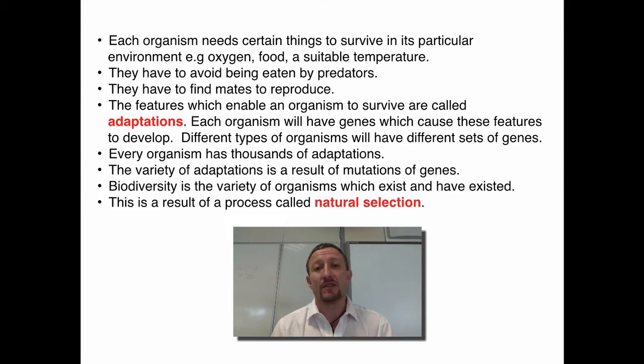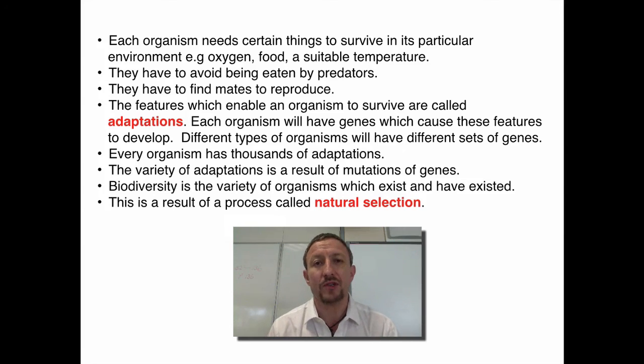Okay, now as a result, we've got a variety of different types of life around the planet, and we call this biodiversity. It's the diversity that happens within living things, the bio part being living, diversity being all the differences, variations that we've got. And as a result, this process which was put forward by Charles Darwin, we call natural selection.